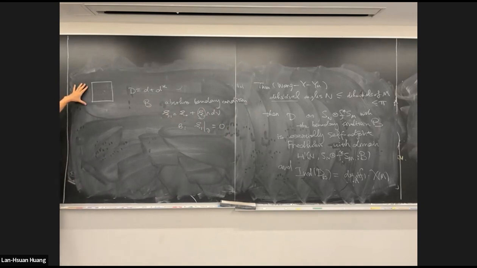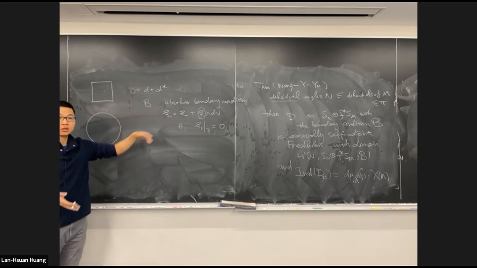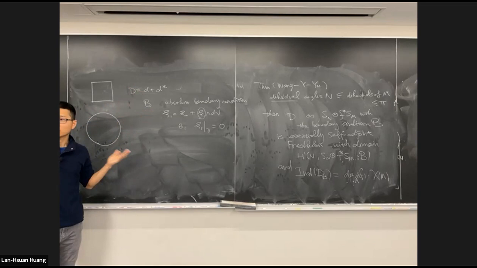Directly computing the index of this appears to be difficult, but if you have a smooth object, you have a ball, say, or think of the standard disk with the smooth boundary with this boundary condition, that's classic, okay? So that's done.